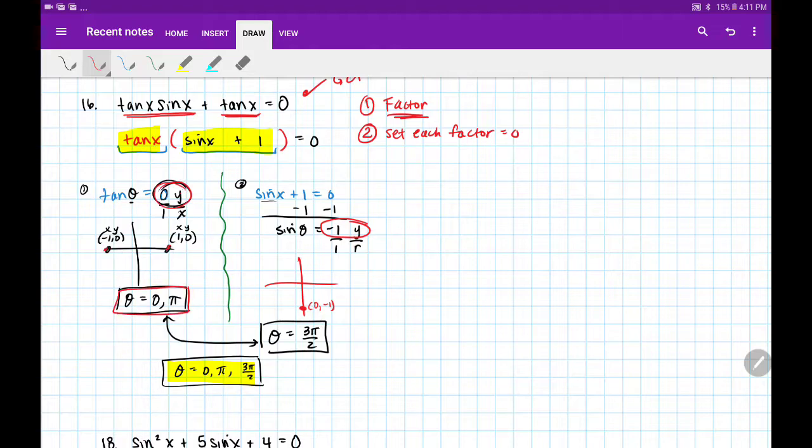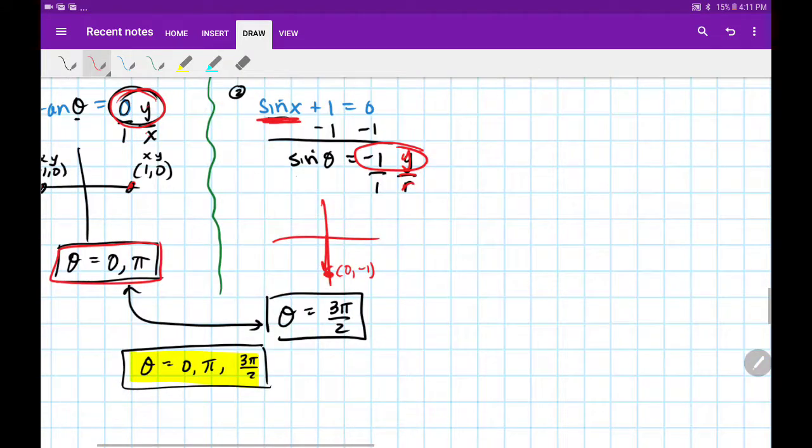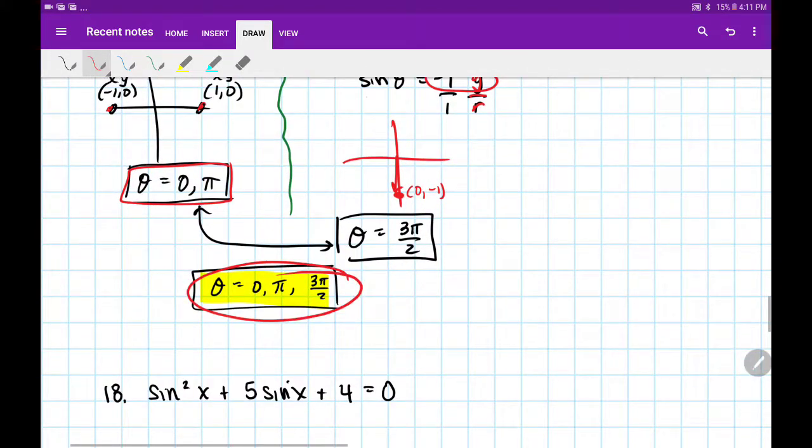That's how we got our two answers. And then in our second equation, sine x plus 1 equals 0, you have to get the trig function by itself so that we can list our formula, y over r. We figured out that y is equal to negative 1 on down below, which is 3 pi over 2. And all put together, these were our answers.